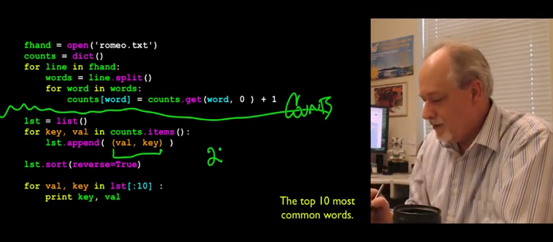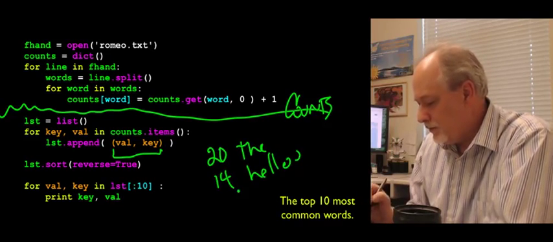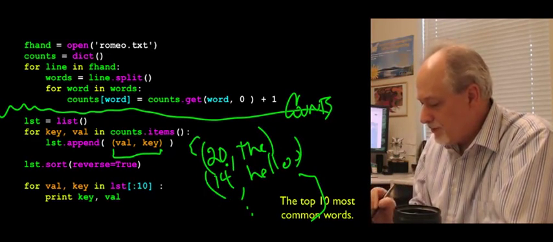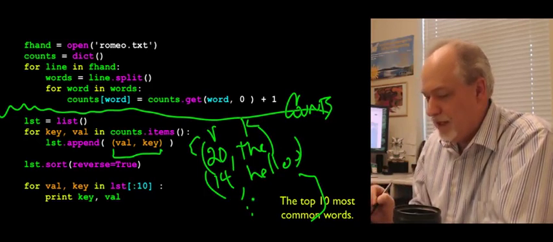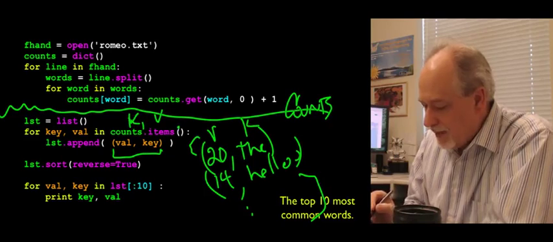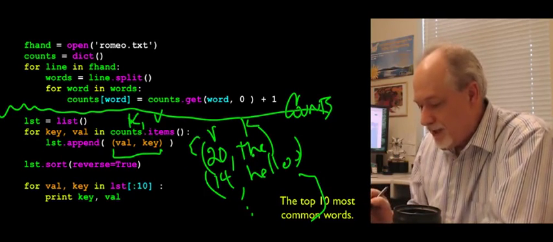So val is like 20 the, 14 hello. And that's what the list is going to look like, right? It's going to be tuples, but it's going to be the value and then the key rather than the key and the value. This one here is key value. This one here, lst, is value key.